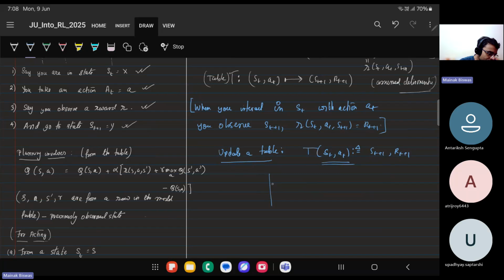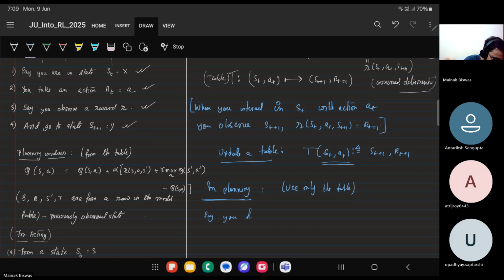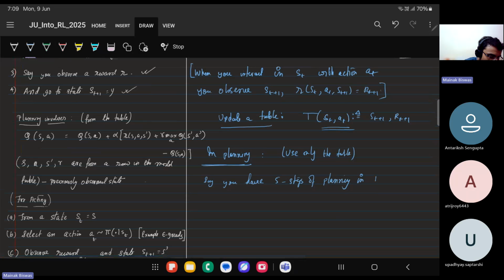So in planning, use only the table. Say you have 5 steps of planning in 1 step of interaction.